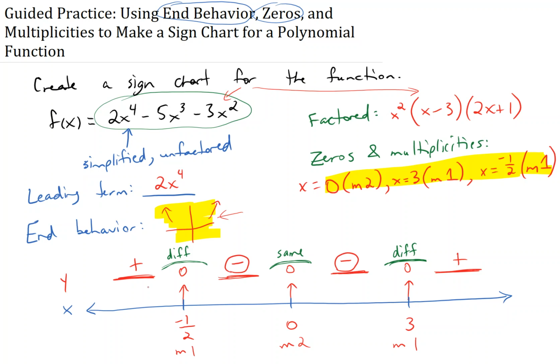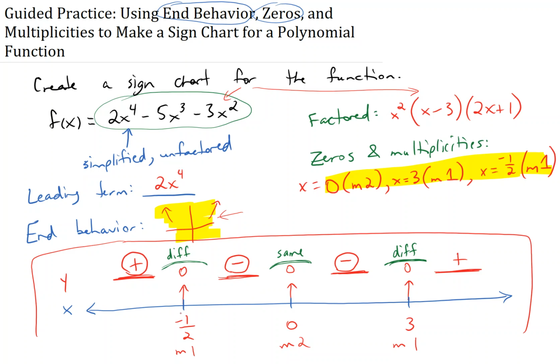So the final number line chart, or sign chart, is this here. The function is positive from -infinity to -1/2. The function is 0 at -1/2. The function is negative from -1/2 to 0. The function is 0 at 0. The function is negative from 0 to 3. And the function is positive from 3 to infinity.